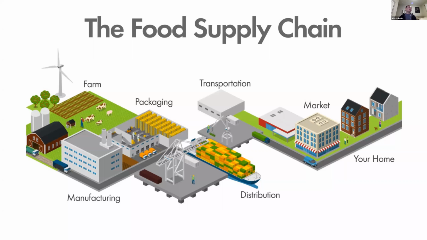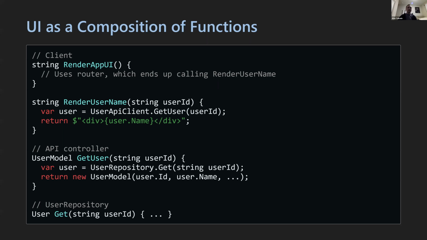It's either a directed acyclic graph, or maybe even a tree. So the question is, why don't we build UIs like this? Why can't we just write more or less pure functions that get whatever they need and pass it to another stage?